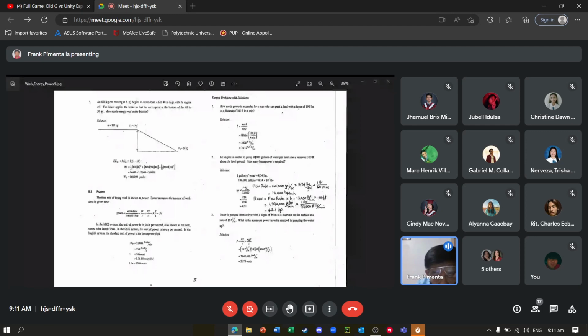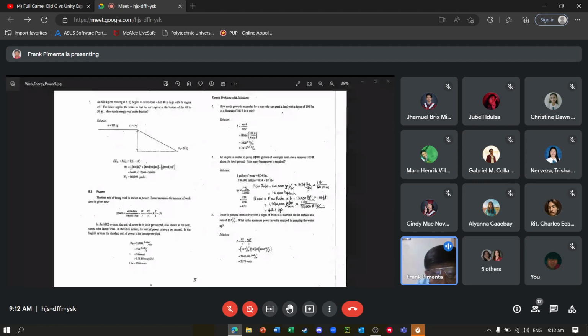But it seems the author did not follow this statement. Power must be expressed in horsepower, so this must be converted to horsepower using the conversion factor. 1 horsepower equals 33,000 foot-pounds per minute.